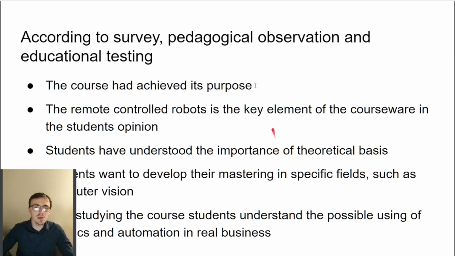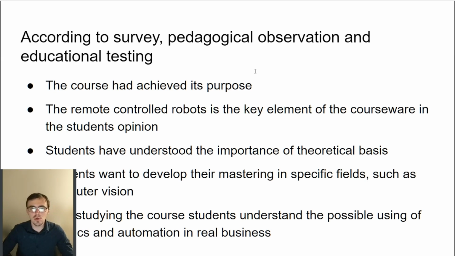The efficiency of the suggested educational technology was analyzed on the basis of pedagogical observation, surveys, and students' educational achievement testing. As a result, we can conclude that the course has achieved its purpose.